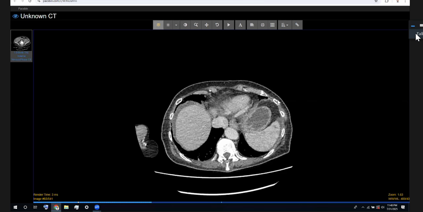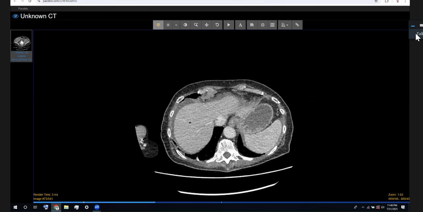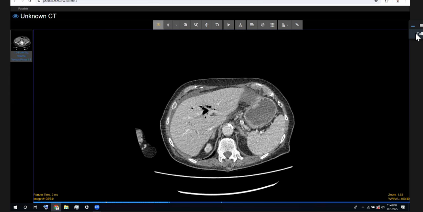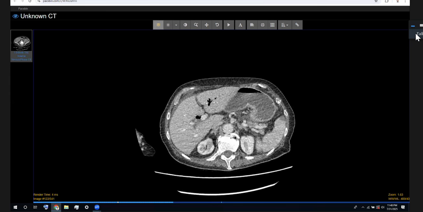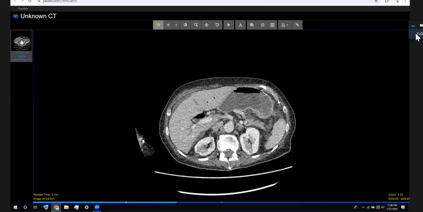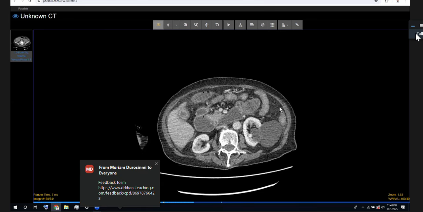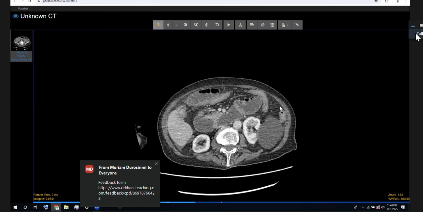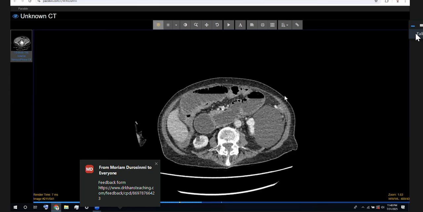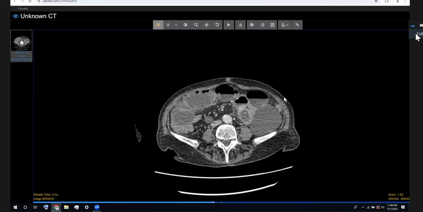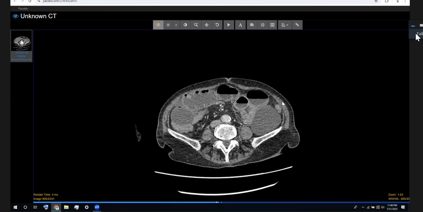Sometimes people will start scrolling from the top and then say, spleen is normal, adrenals are normal, and so on, which is all true, but you're wasting time talking about normal stuff. It's okay just to say, I'm just going to take a few moments to look through the scan. You're allowed to say that in the exam.